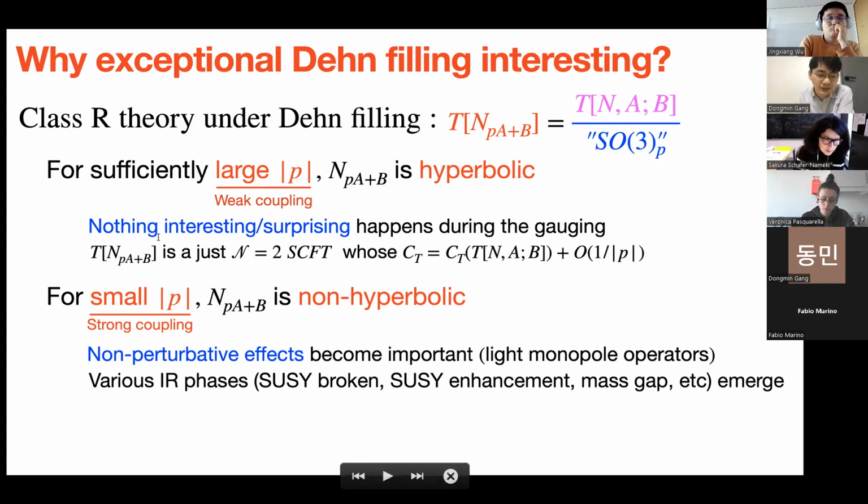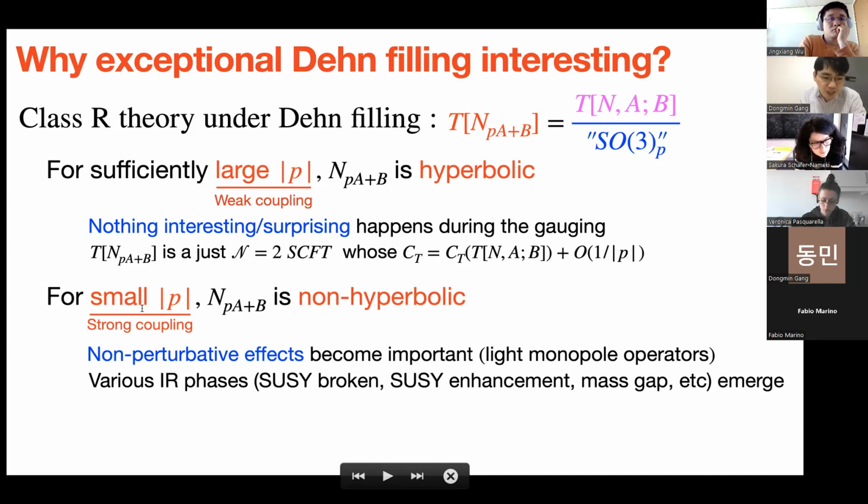So for example, these cases are just N equals 2 CFTs, and this CFT is very similar to the CFT associated with N, in the sense that its central charge after gauging is very similar to the central charge before the gauging. So in a sense this is a boring case.